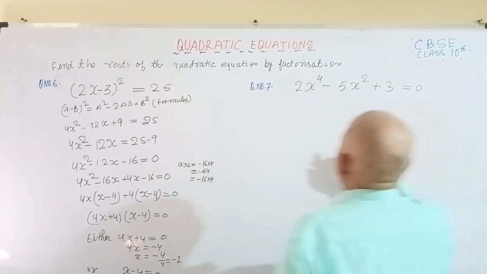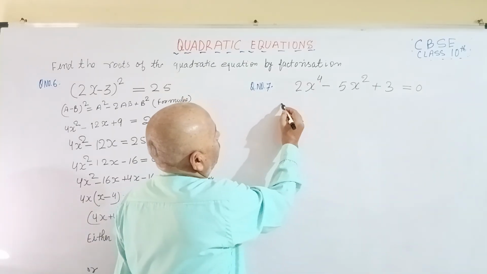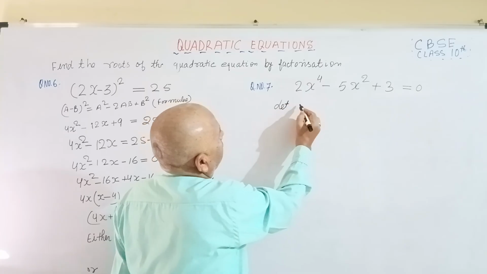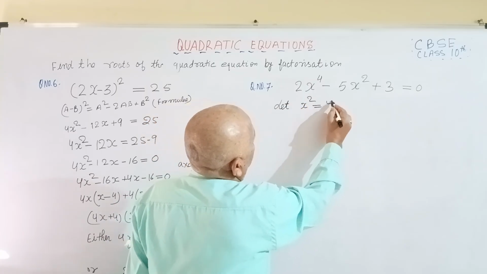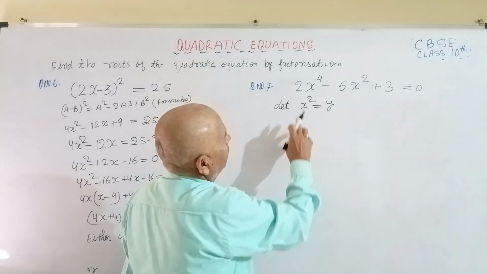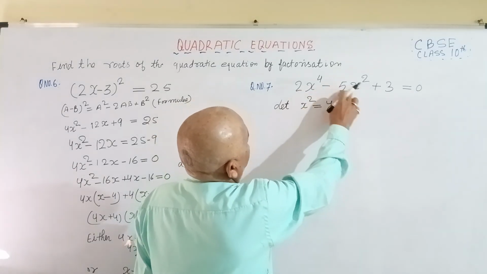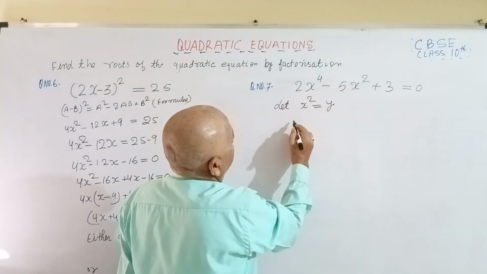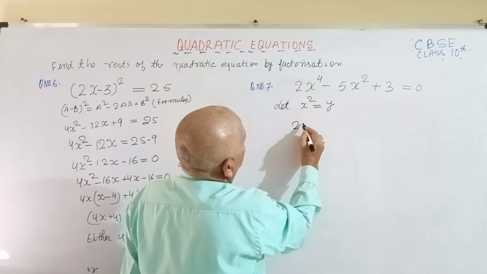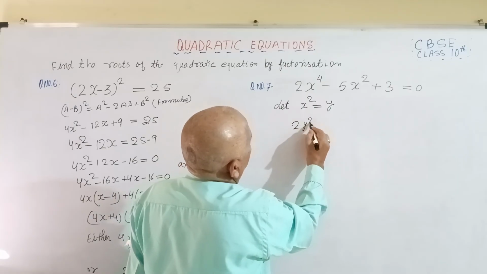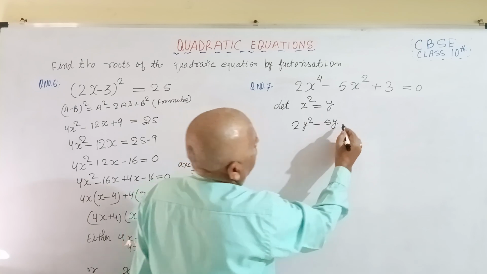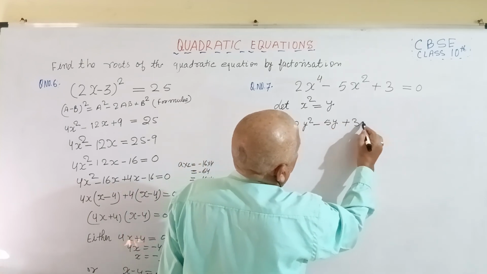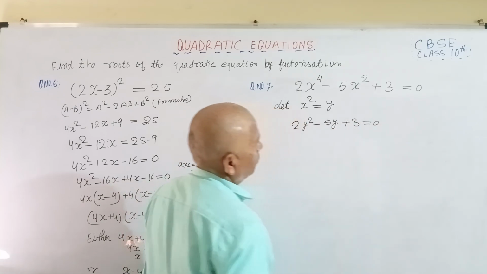For solving this type of question, let x square be equal to y. Now I will replace x square with y. So here I will get 2y square minus 5y plus 3 equals 0.